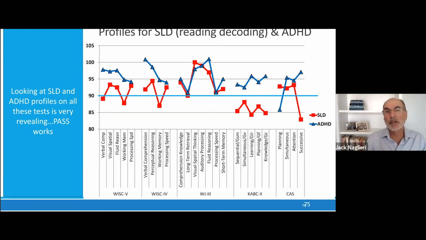And look at the WISC-4 and the WISC-5. The only thing that seems to happen here with the children with reading disabilities is a little bit low on working memory. So how can we understand that? Well, let's think about the working memory scale. It has digit span. Digit span forward has a lot of dependency on successive processing.